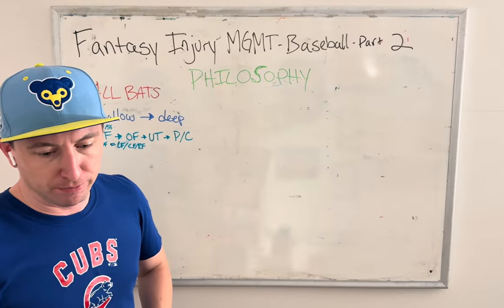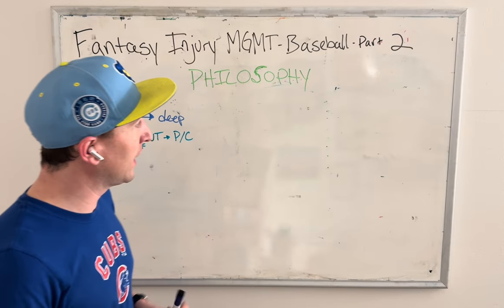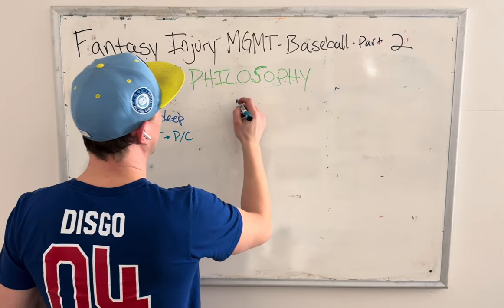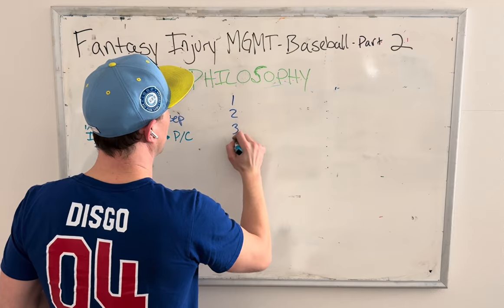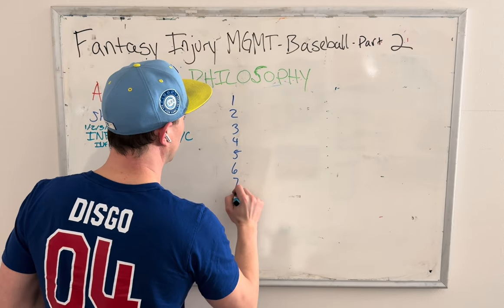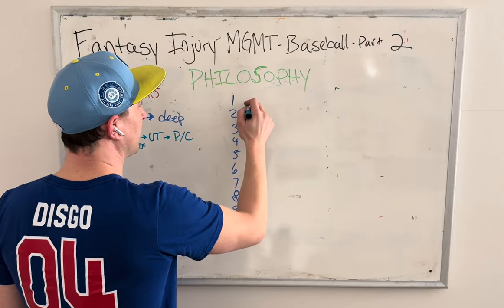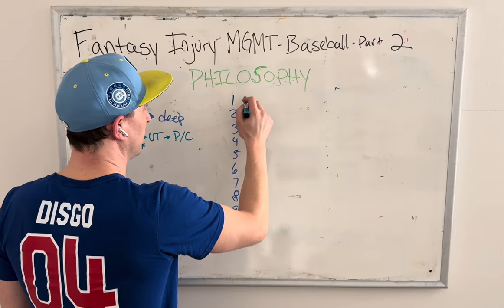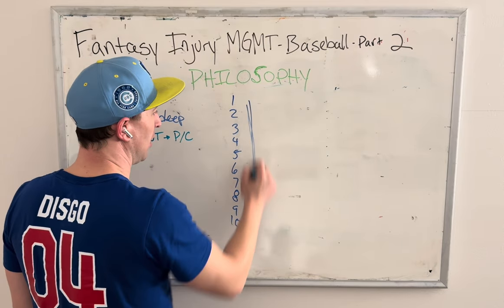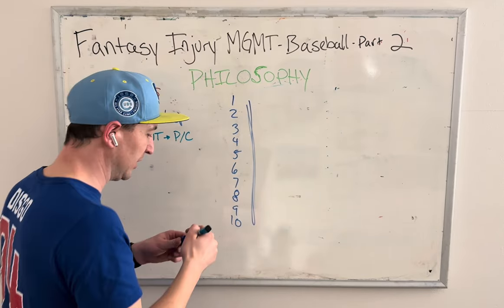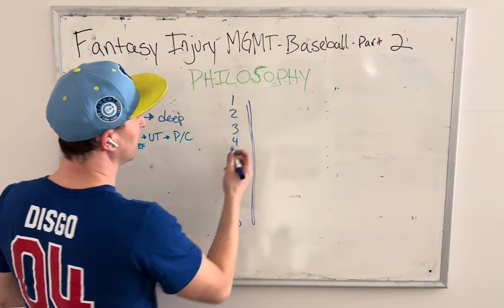During the draft, say first round, second round, third round, fourth round, fifth round, sixth round, seventh round, eighth round, ninth round, 10th round. If you don't draft a pitcher, all bats, no pitchers, when you normally would see people draft 3 pitchers, right?